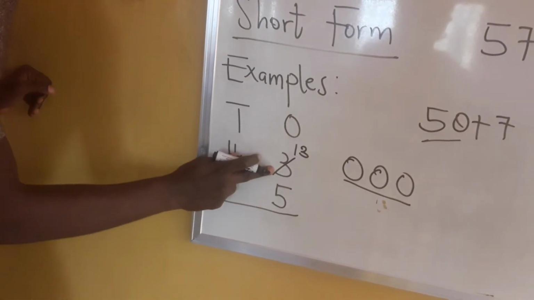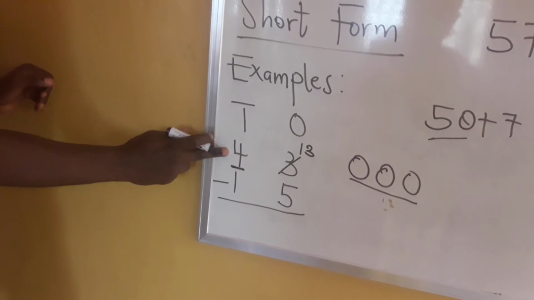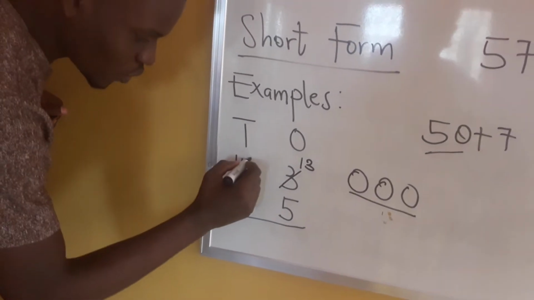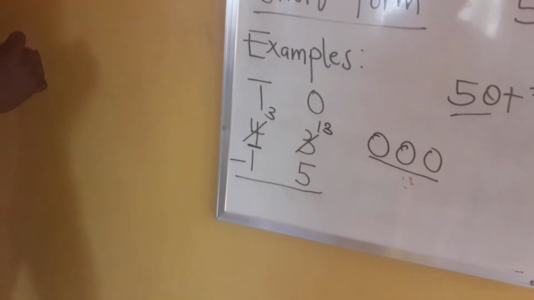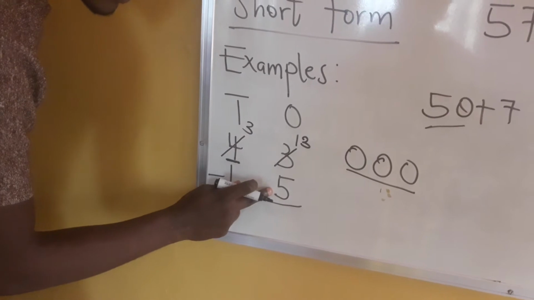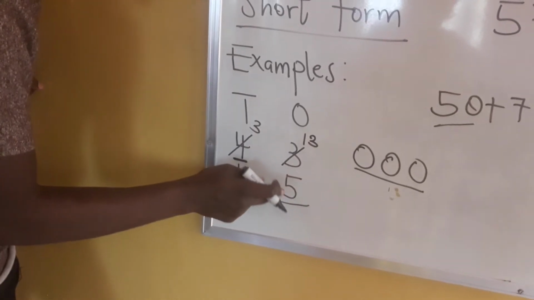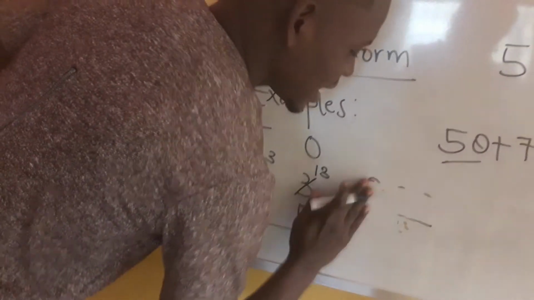This 3 is no more 3, it is now 13, because we borrowed 1 from this 4. So this 4 is now 3. I hope you understand. Good. So 13 minus 5. We are going to subtract 5 from the 13.